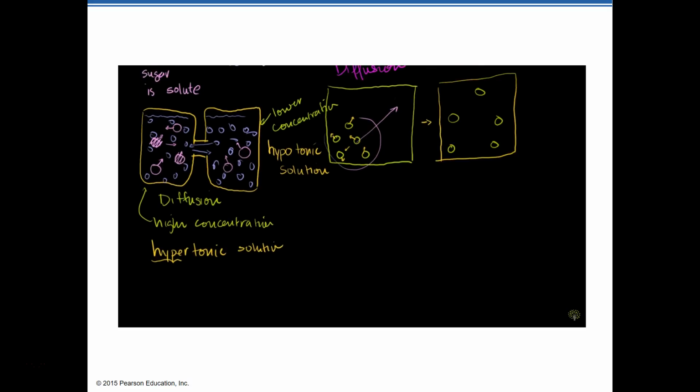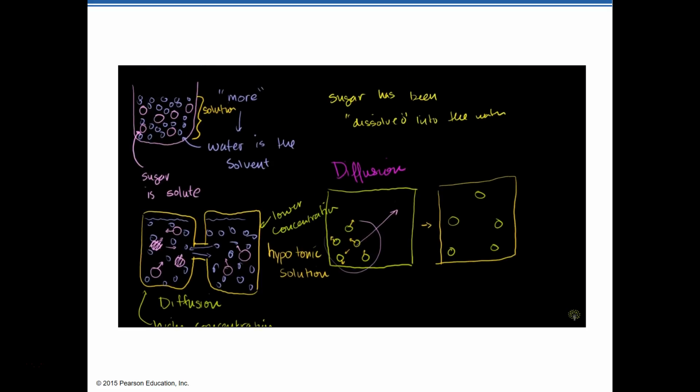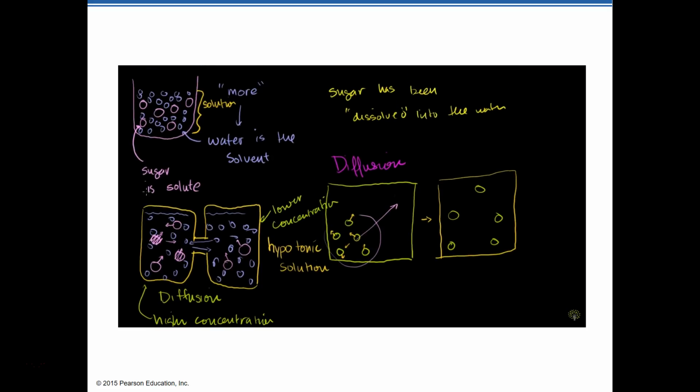And in general, and this is not always the case, if you want to be as general as possible, the solute is whatever you have less of. The solvent is whatever you have more of. And the most common solvent tends to be water. But it doesn't have to be water. It could be some type of alcohol. It could be mercury. It could be a whole set of molecules. But water in most biological or chemical systems tends to be the most typical solvent. It's what other things are dissolved into.